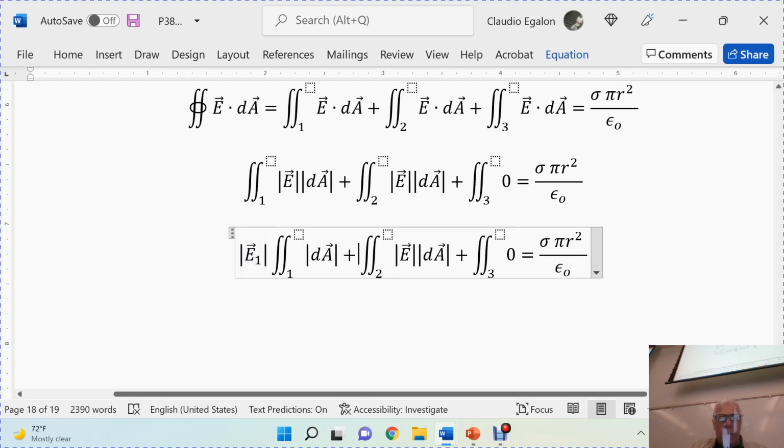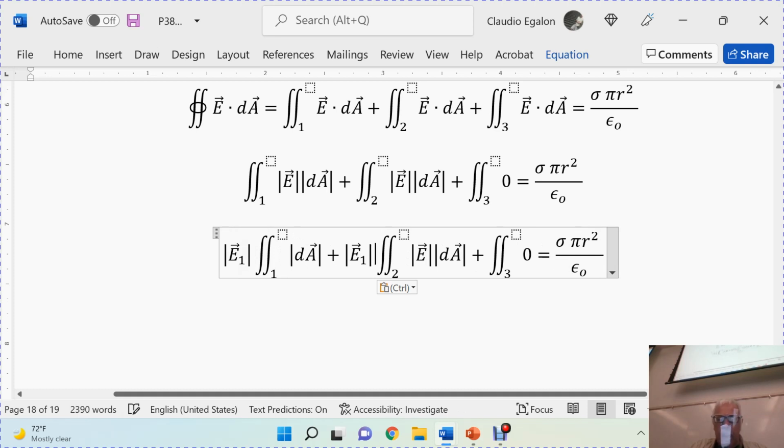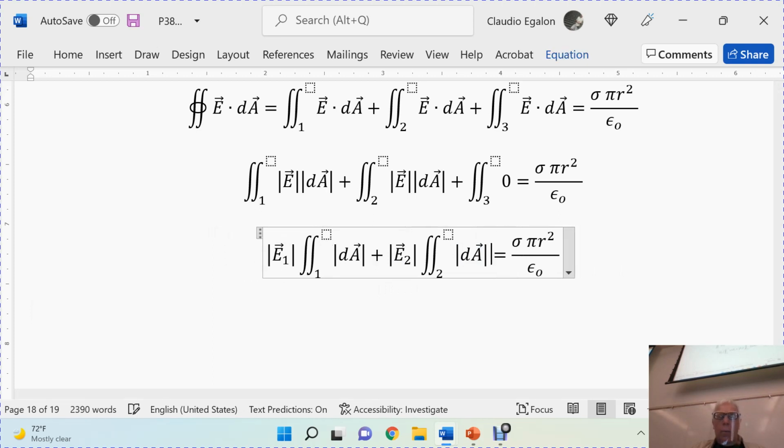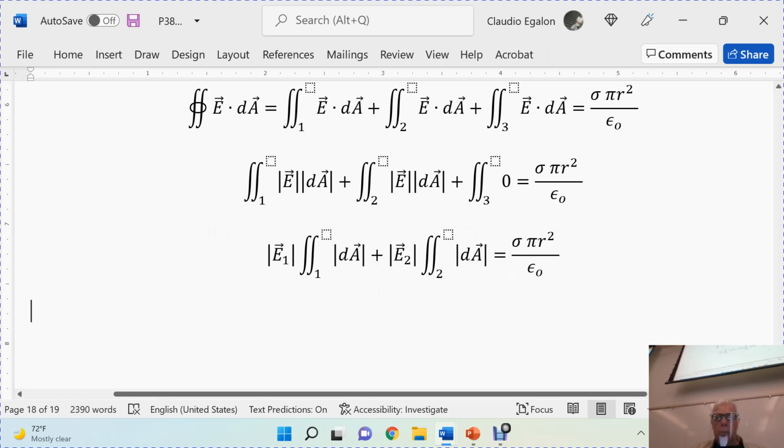Okay, but don't forget, the electric field on the second cap. We don't need this term anymore. Now we go the next step.